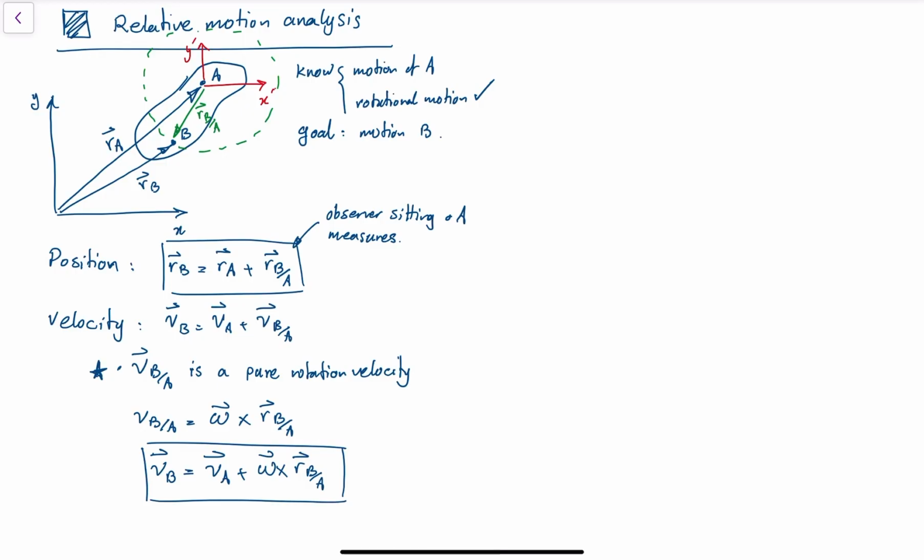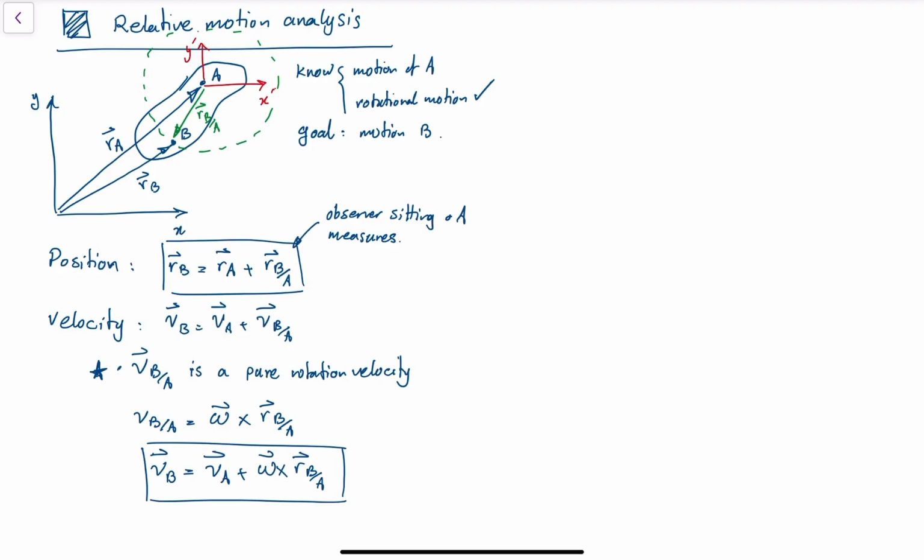And this works in 3D too. Vector notation always works in 2D, 3D, any D you want. But because we're dealing with planar motion, all the velocity vectors will remain inside the plane, and all the angular velocity vectors will be perpendicular to the plane. So you can simplify your own calculations.